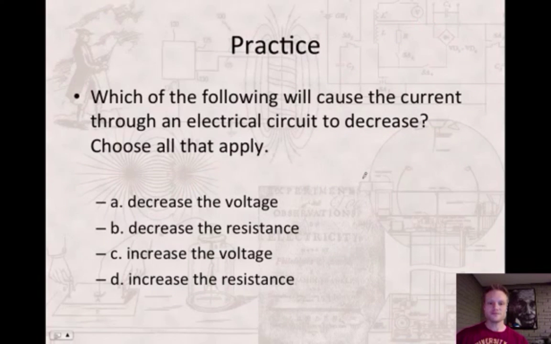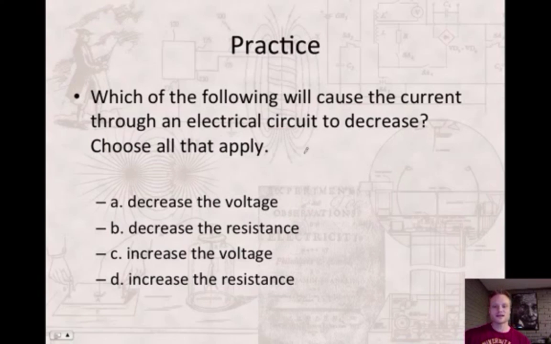Okay, so let's do some practice problems. Remember current is I. How can we make current go down? Well, we could A, decrease the voltage, B, decrease the resistance, C, increase the voltage, or D, increase the resistance.